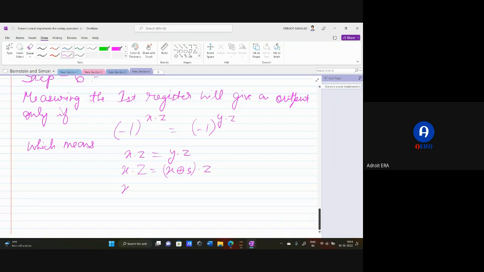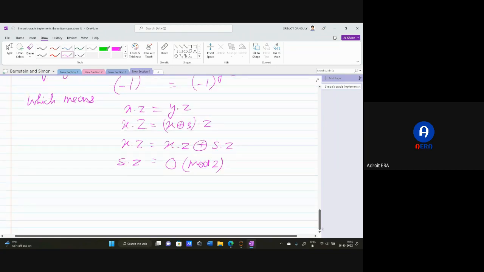X dot z is equal to x dot z, just like, you take that, multiply z with x and s dot z, and therefore s dot z will be equal to 0 mod 2.